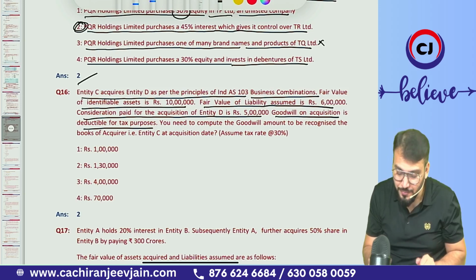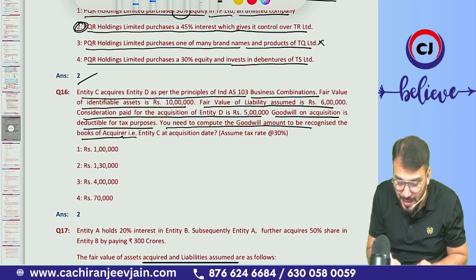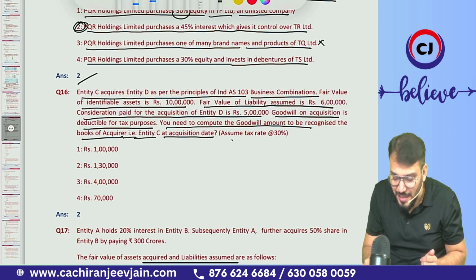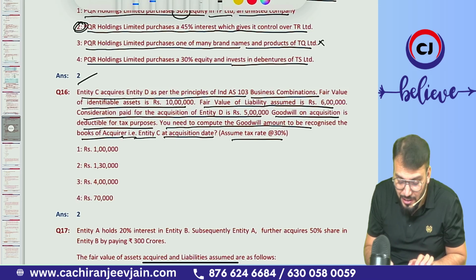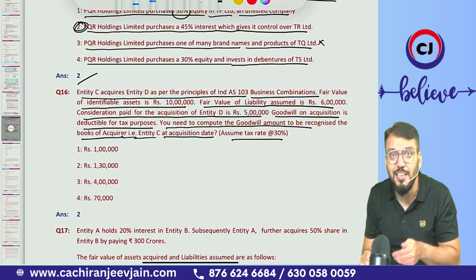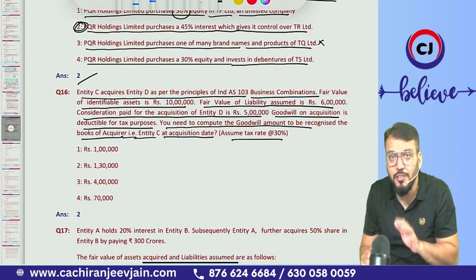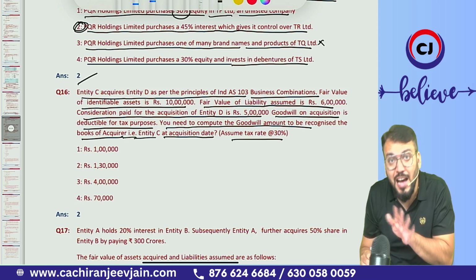You need to compute the goodwill amount to be recognized in the books of the acquirer, that is entity C, at the acquisition date. Assume the tax rate is 30%. First you need to find out goodwill, and you can see in this question they have not given the carrying amount of INA, so we will assume that the carrying amount and the fair value of INA are the same. It means there is no taxable temporary difference on initial recognition of INA.